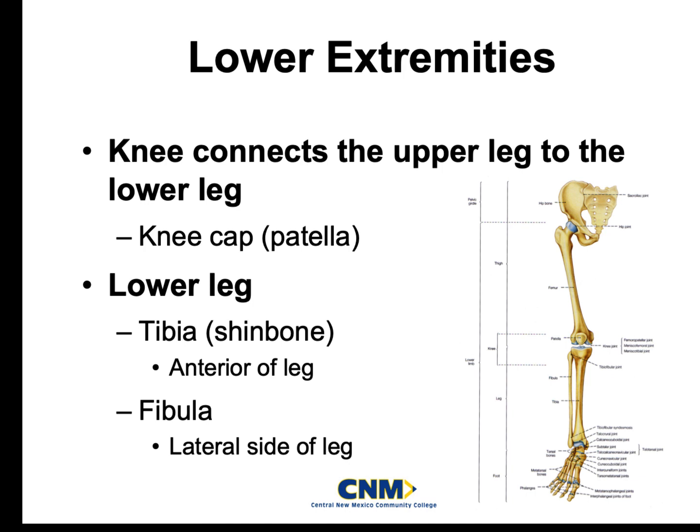When we're talking about the lower leg, we're talking about the tibia and fibula. All right, so the tibia is actually your shin bone. That's the actual bone of the leg that we can feel. This bone is going to become much more important to you guys when you move up to intermediate and paramedic.